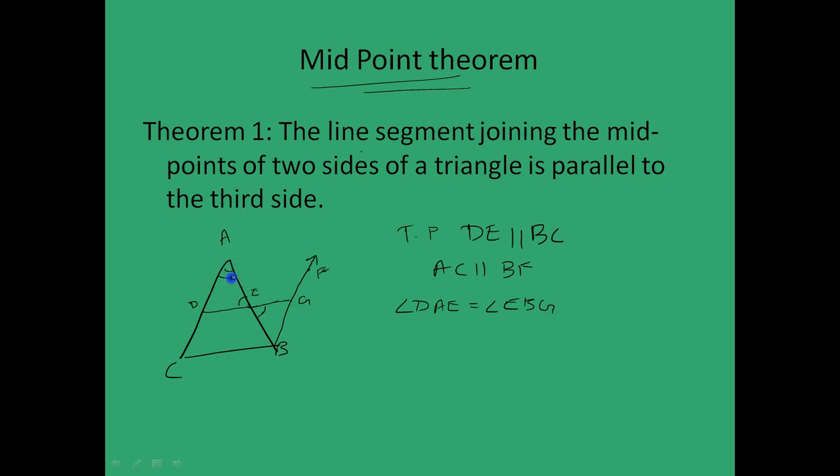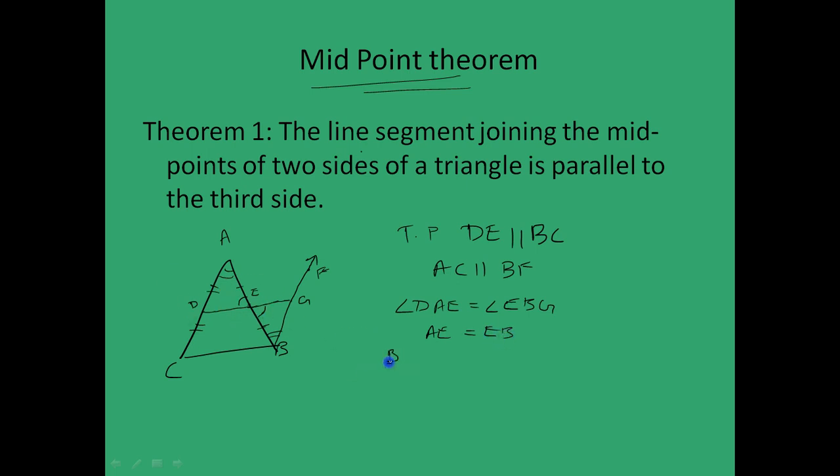So this angle is equal to this angle, and also because E is the midpoint of AB, we have this side equal to this side. So AE is equal to EB.